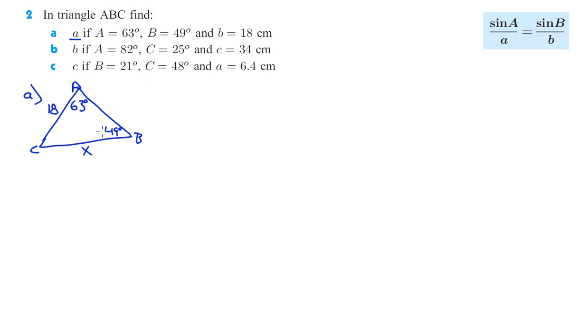So it says find side A. So look, we have an angle and side across from it, and then that angle will go with that side there. So we'll do sine of 49 over 18. So there's 49 and the side across from it, and then equals sine 63 over x. Cross multiply and divide.